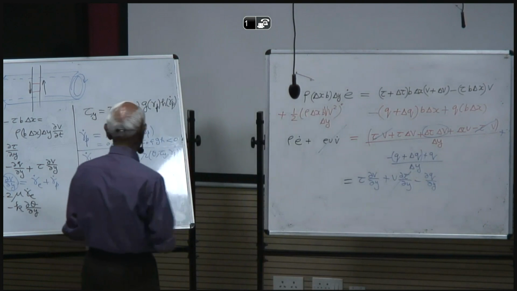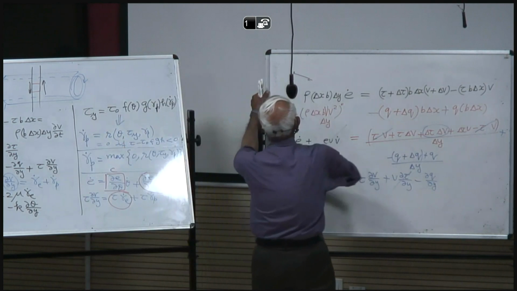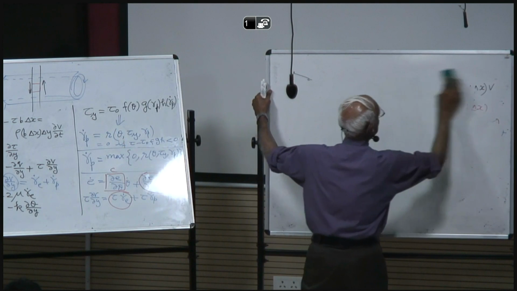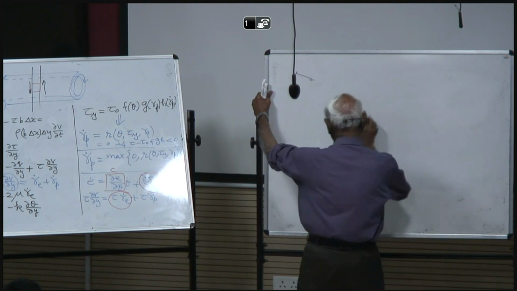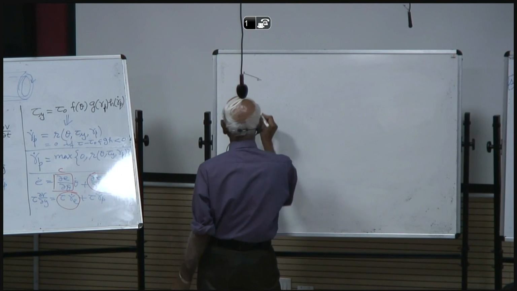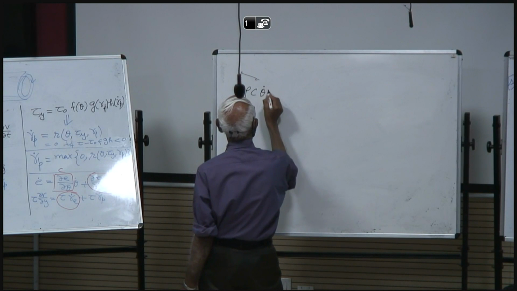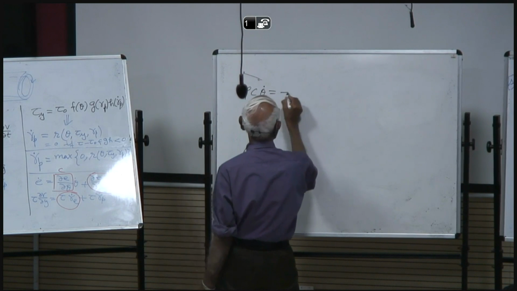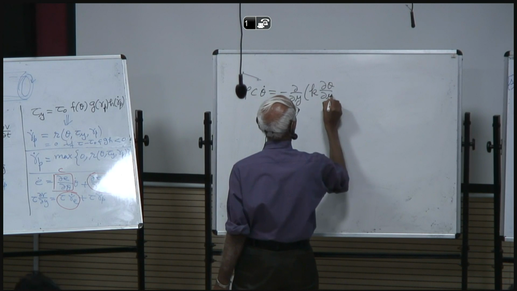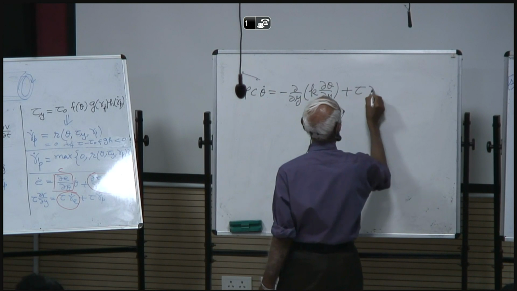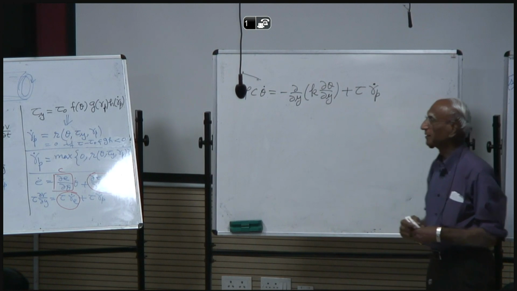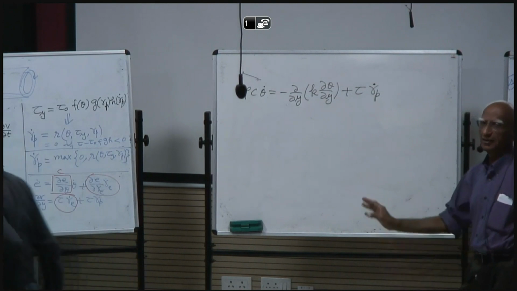This is specific heat, and therefore my energy equation becomes rho C theta dot equal to minus delta over delta y times k delta theta over delta y plus tau gamma p dot. Oh, sorry, yeah, okay. I should have.